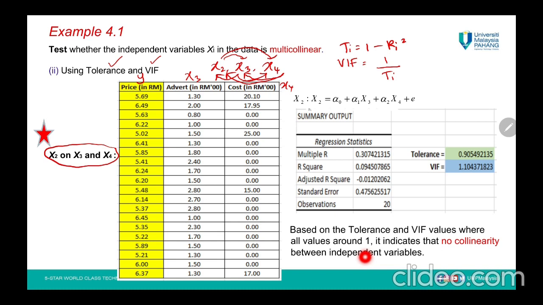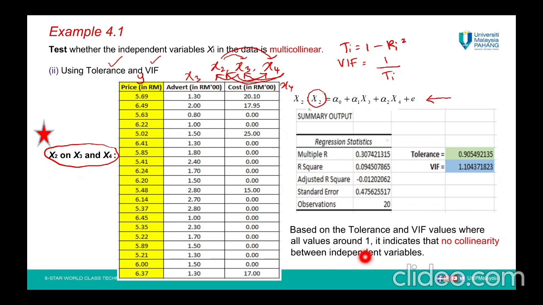So the regression model here will be like this. x2 will be our dependent variable.